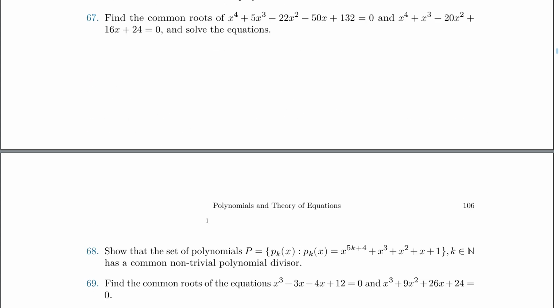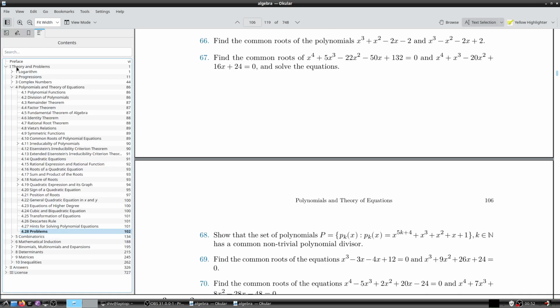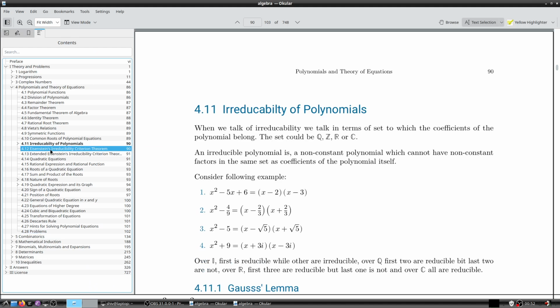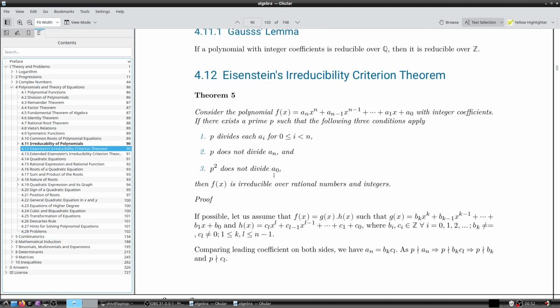So I will quickly revisit the Eisenstein's criteria for this, because this is a new problem. What we have here is our f(x) with integer coefficients. If there exists a prime p such that the following three conditions apply: p divides each ai for i from 0 to n minus 1, p does not divide an, and p square does not divide a0.